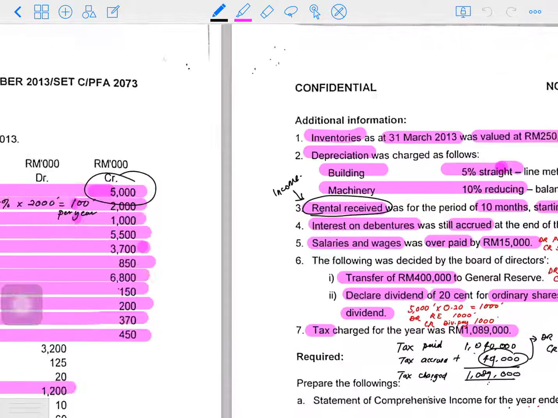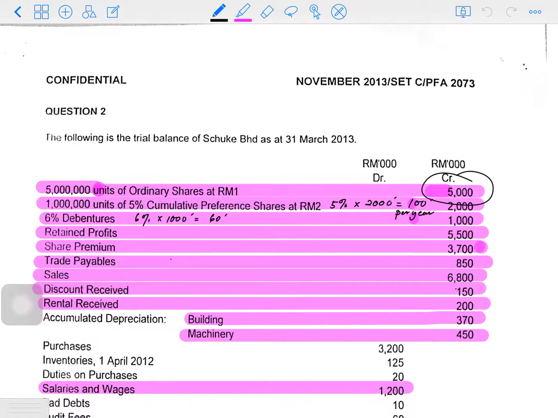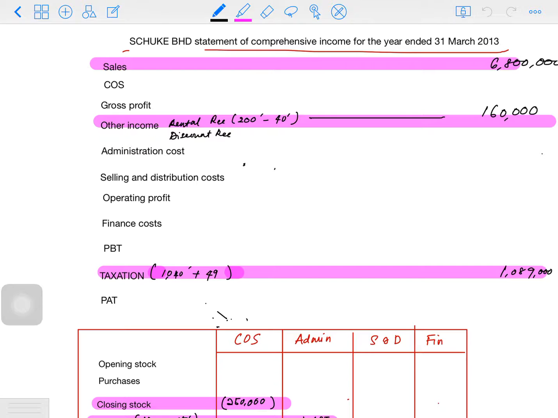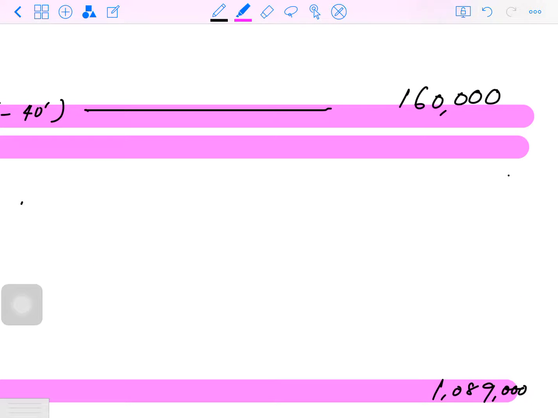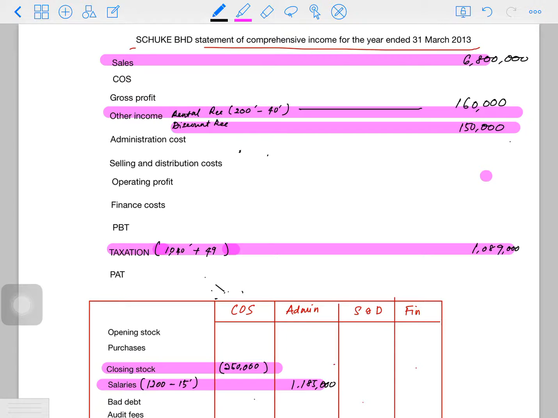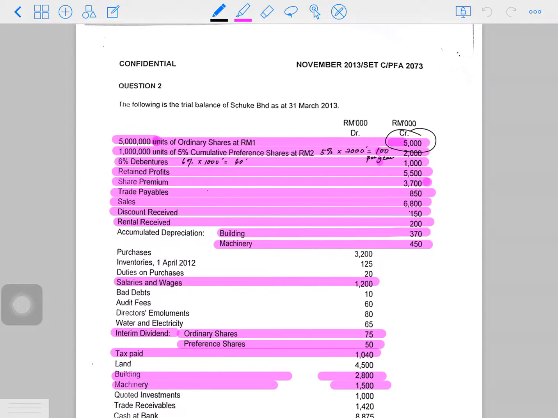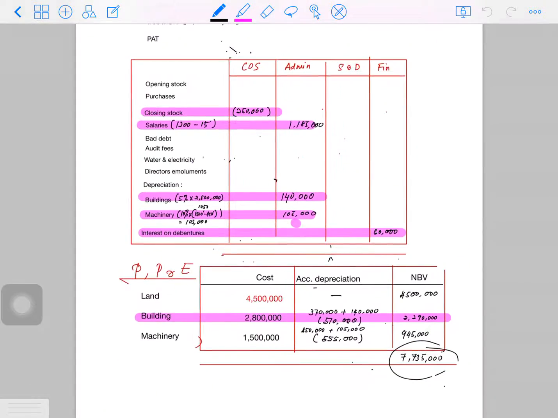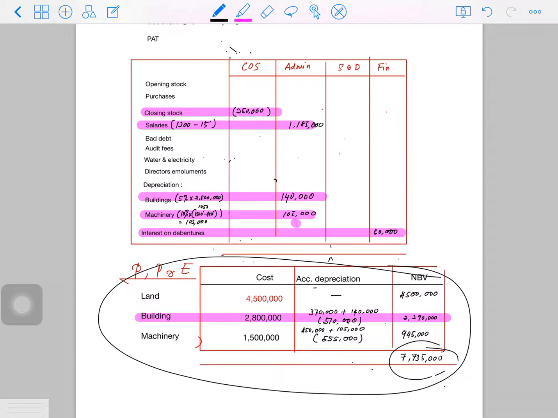How much was that? 150. Next item, accumulated depreciation we already settled earlier. Accumulated depreciation in property, plant and equipment we already settled earlier. The one below this we also settled.